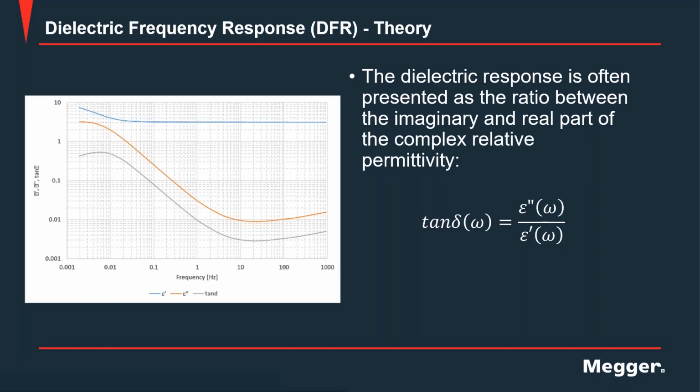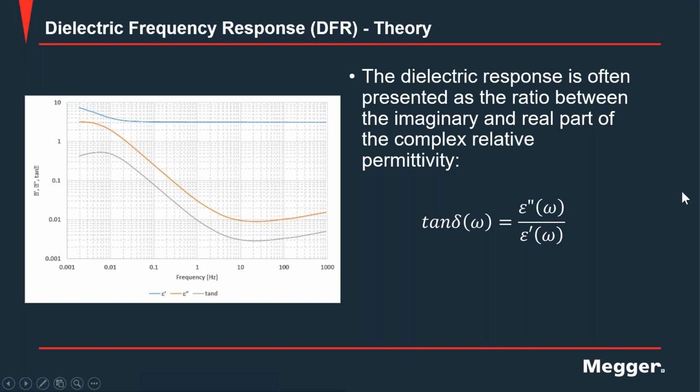And from here, one of the things that we need to be clear is that this dielectric frequency response is basically a signature of the dielectric system as it is. This is something sometimes people say, do I have to do trending on the dielectric response? No, because this is a picture of today, how the insulation system is today, the day that you're testing this insulation system.